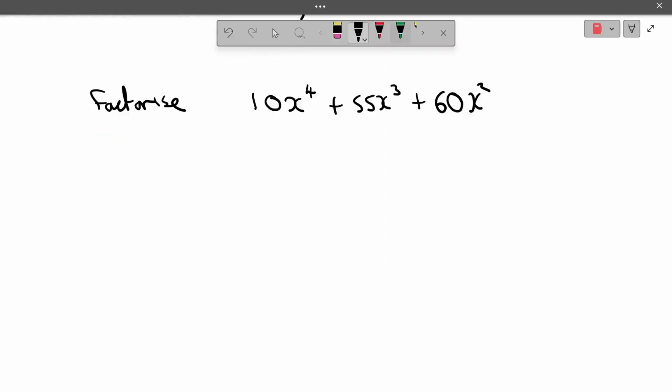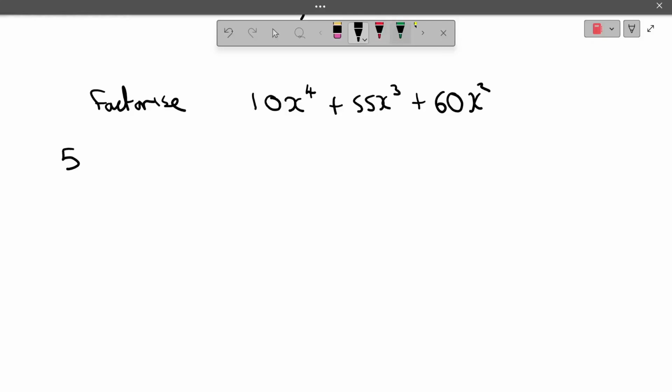This is the final one I'm looking at today, before we have a go at some of the exercise questions. And what you've got to be a little bit careful of is sometimes they also put in numbers. So here I have a 10, 55, and a 60, and all three of them are divisible by 5. So you might have to put a 5 outside the bracket. Some of them in the exercise book are all divisible by 3.